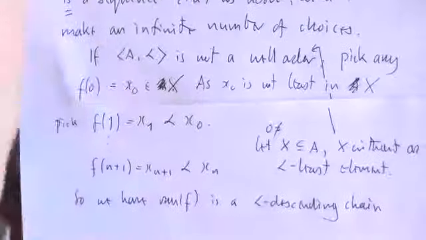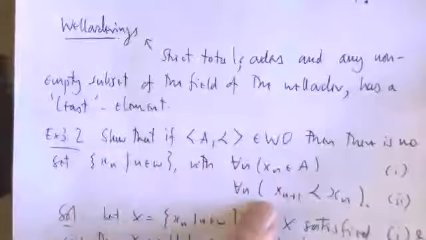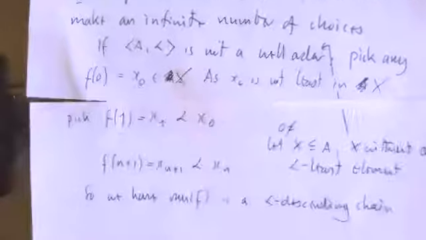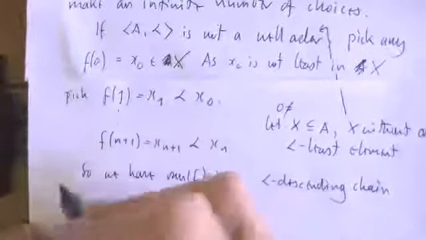So this would mean that we've got a chain that satisfies 1 and 2 up here. But I have to justify the existence of f.